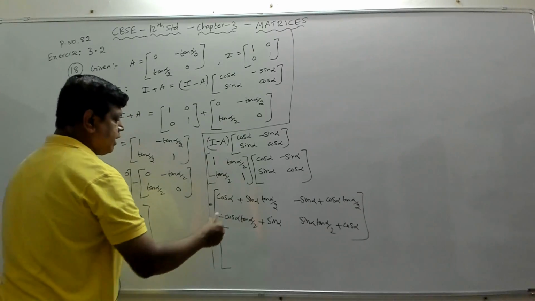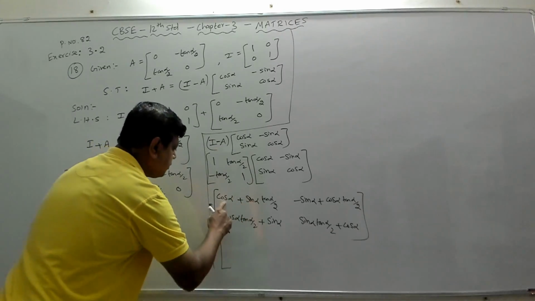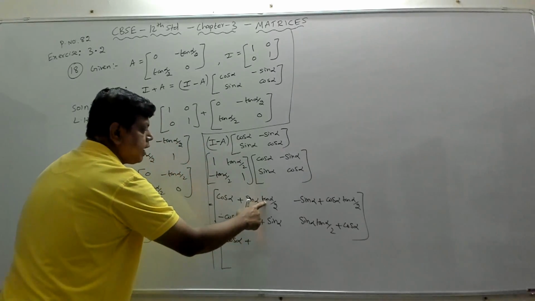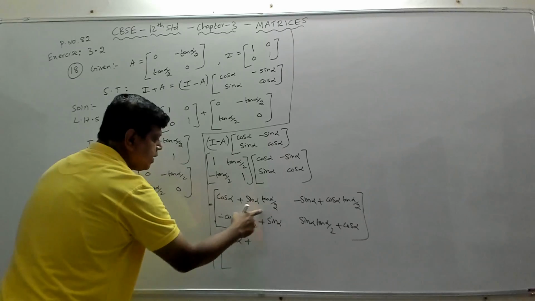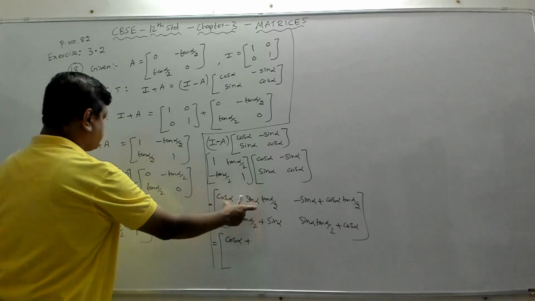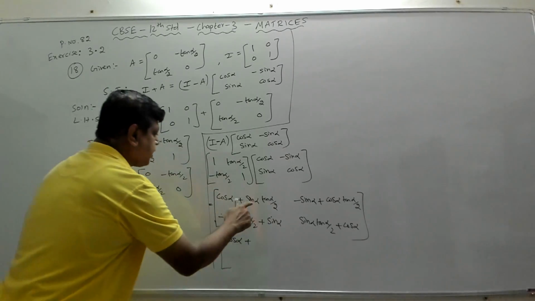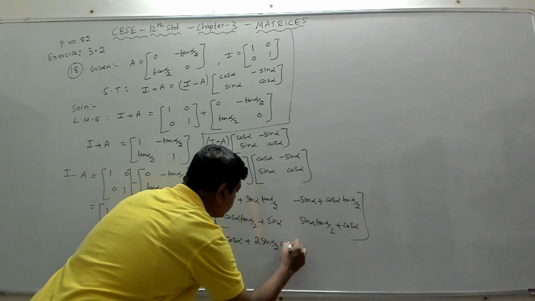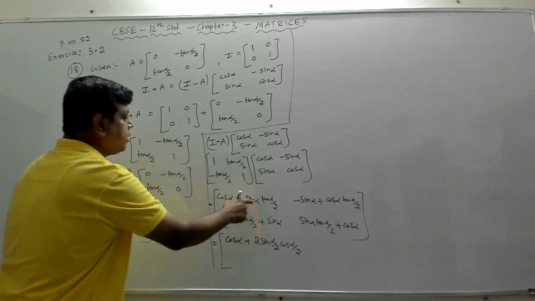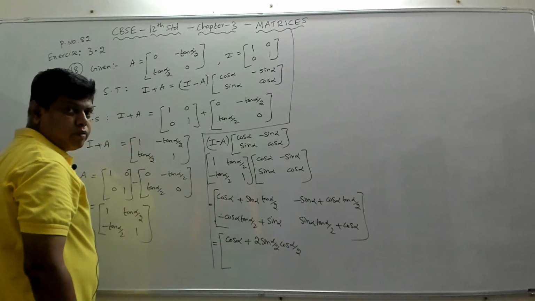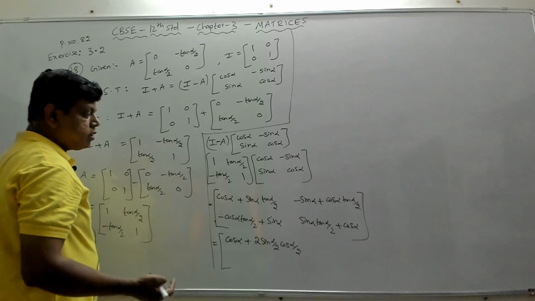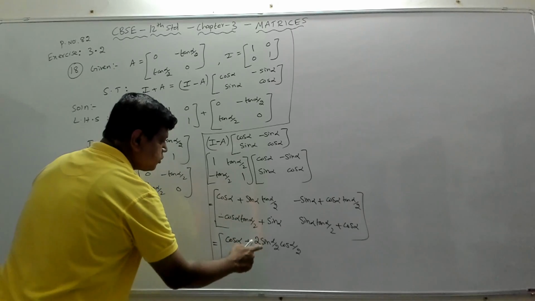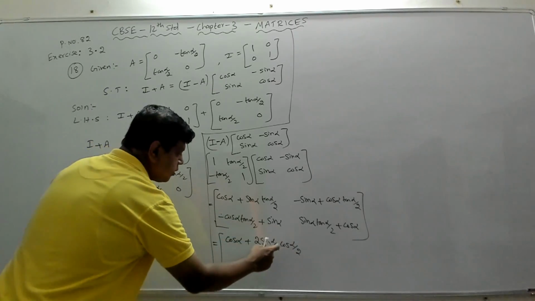Now we have sin alpha. So I will write cos alpha as it is, plus sin alpha, and I have tan alpha by 2. We have to make this entire value 1, because this has to match with this. Sin alpha I can write as 2 sin alpha by 2 cos alpha by 2, because by the sin 2A formula, sin 2A is 2 sin A cos A, so sin alpha is 2 sin alpha by 2 cos alpha by 2.